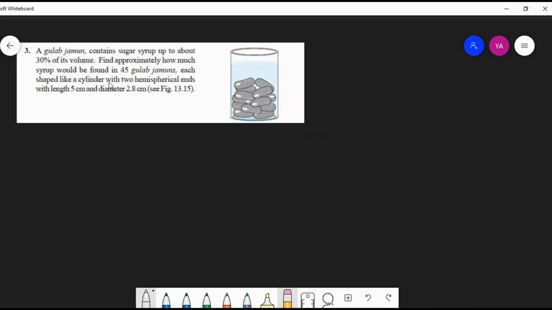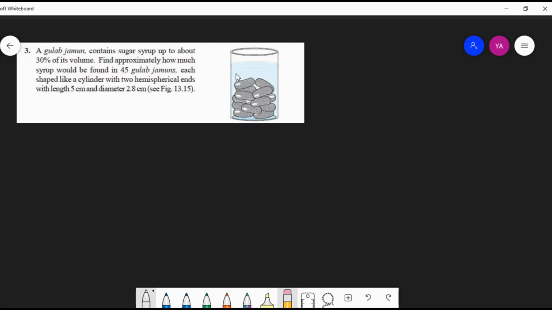So there are 45 gulab jamuns in total. They are shaped like a cylinder with two hemispherical ends, like the container we have discussed before.